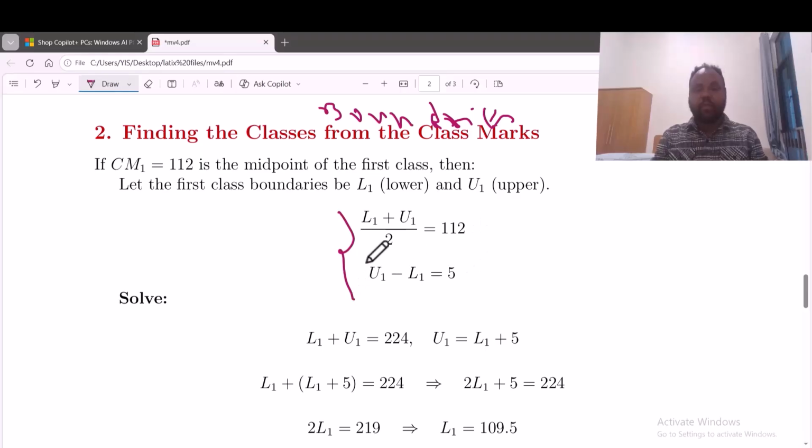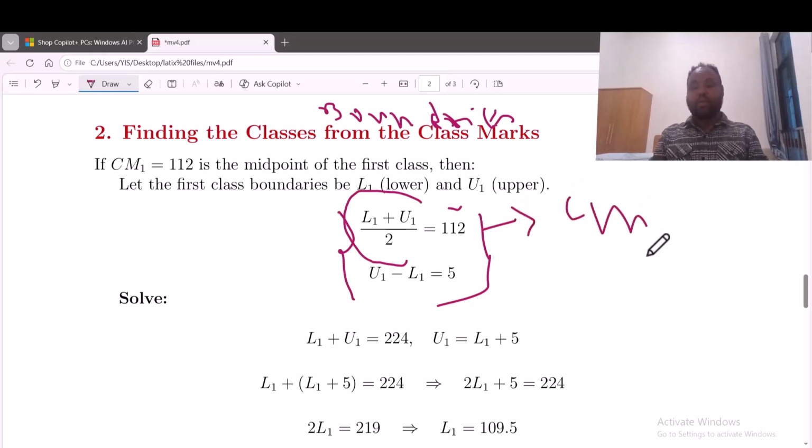We have two equations with two unknown variables. The average of the class limits of a class gives the class mark: the lower class limit of class 1 plus the upper class limit of that class divided by 2 equals this number. This is the class mark formula for class 1.